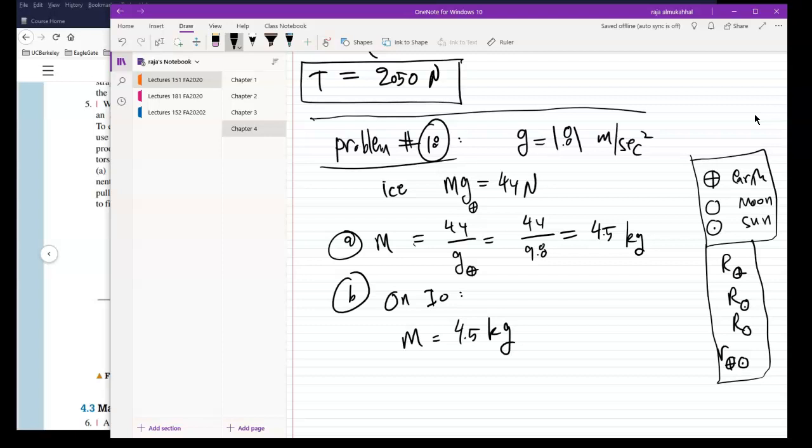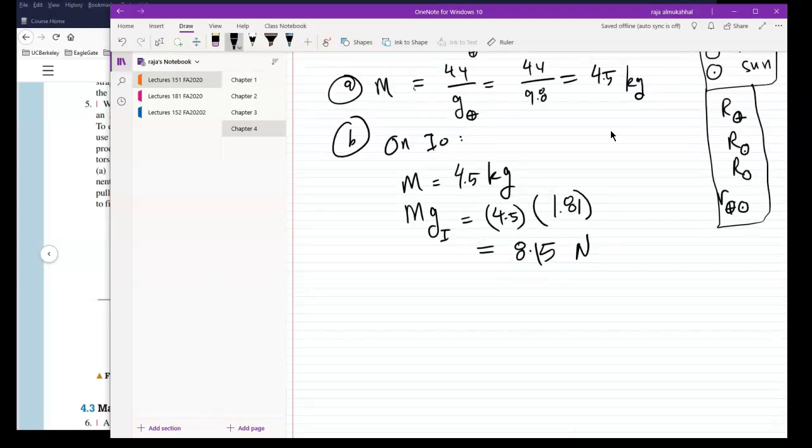But the weight on Io, which is mg for Io, in this case is going to be 4.5 times g for Io, which is 1.81. And then you get the answer, 1.81 times 4.5, 8.15 Newton. Okay, so that's the weight on Io.